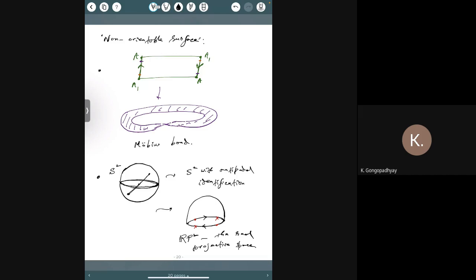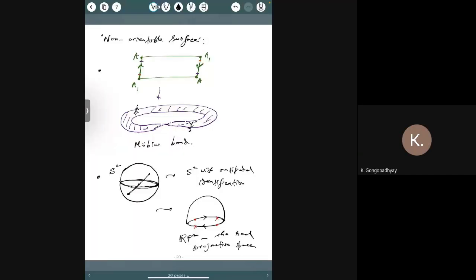All right. Now, you can easily see that these are examples of non-orientable surfaces, because suppose you start walking on the Mobius band. There are lots of YouTube videos where you can actually see a person who starts walking along here. When he crosses it somewhere, he will find himself in a way which is opposite to his original orientation.